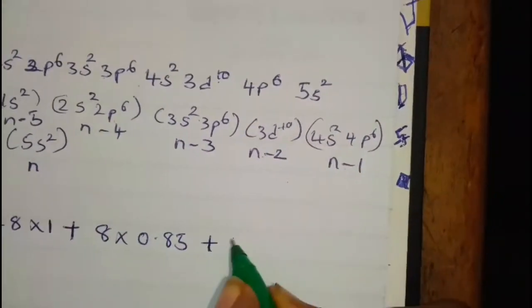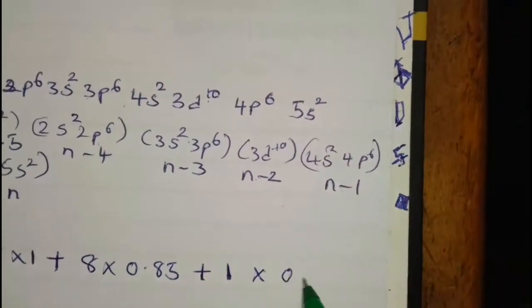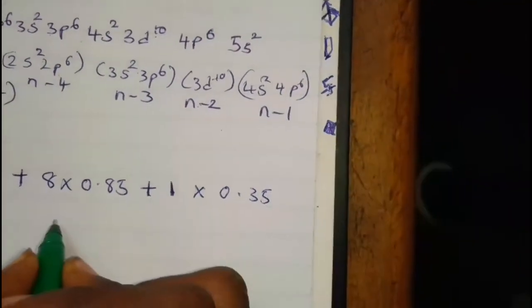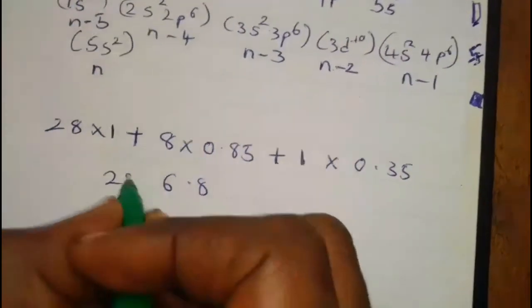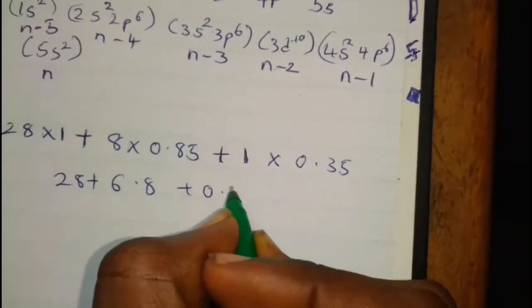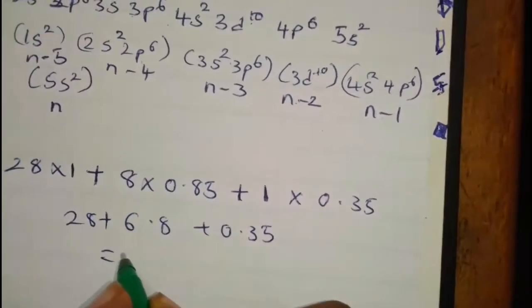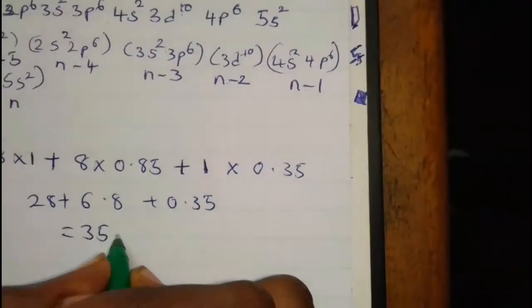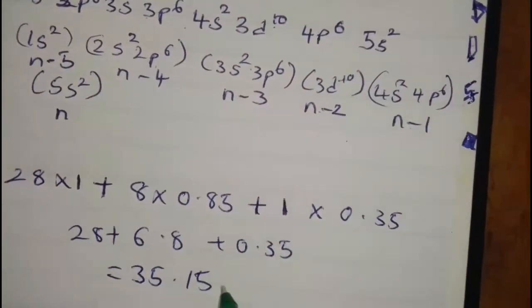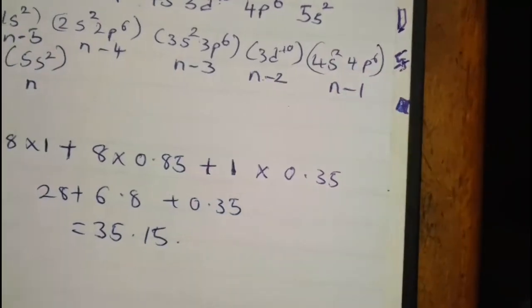So instead of using 2 times, it will be 1 times 0.35. So this one will give you 6.8, 28, and 0.35. If you do everything, I think it will give you 35.15. So that is the screening constant.